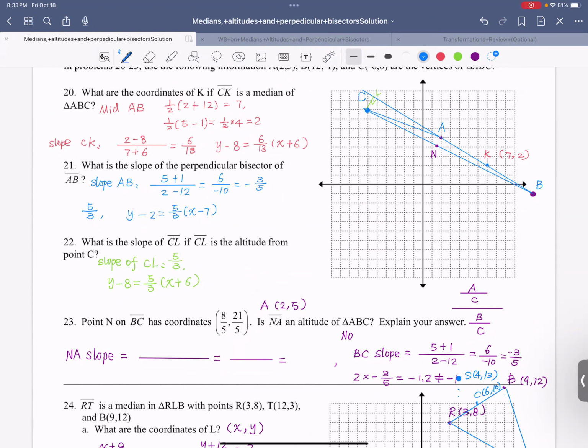I sent you my other previous work. Oh, okay. You do this minus this, right? Oh, okay, you do this line slope. So 21 over 5 minus 5.